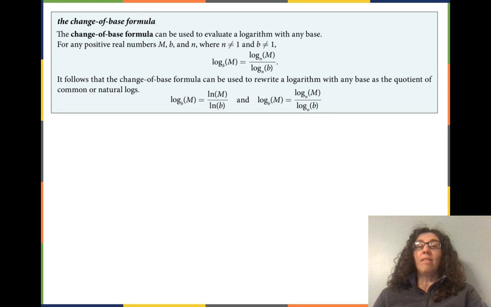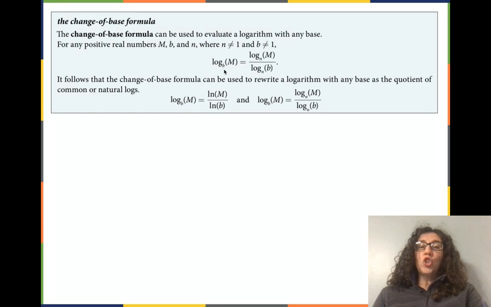All right, the last property we're going to talk about, the change of base formula. This is really, really useful. What this means is, suppose we have a log base anything, like log base 2 or 7 or something.